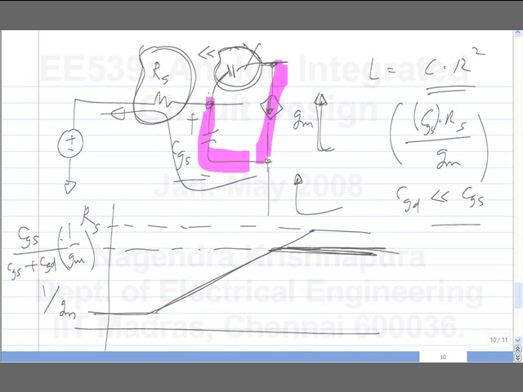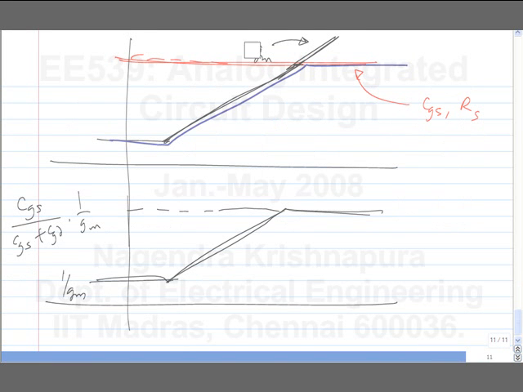Actually, I made a mistake here. This is not 1 over RS throughout. It is something very high at low frequencies and then it does this. In fact, this pole is exactly the same as the other one. It does this. So in this particular case, you will have something like this and you can have something going down. So the net impedance will do something like this.